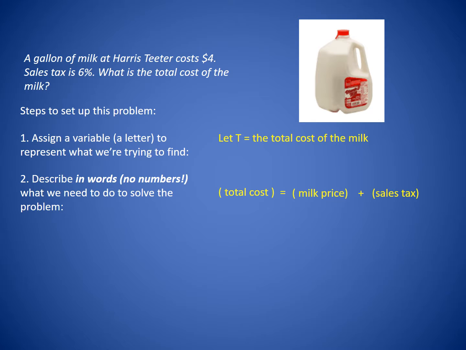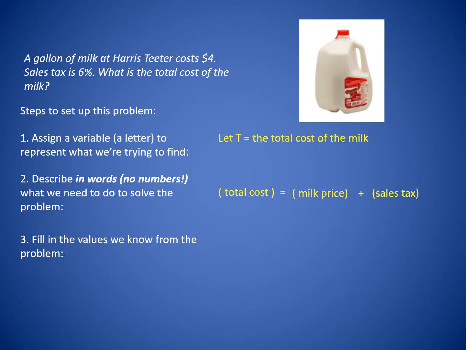So the third step. Now we have sort of an English-like equation from step 2, so we can take values from the problem and substitute them into our equation. The first thing in our equation is the total cost. Well, we don't know what the total cost is, right?